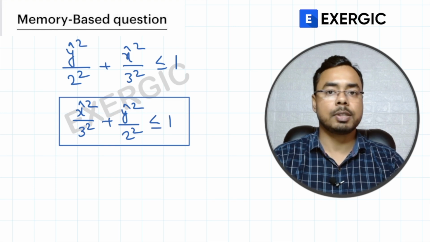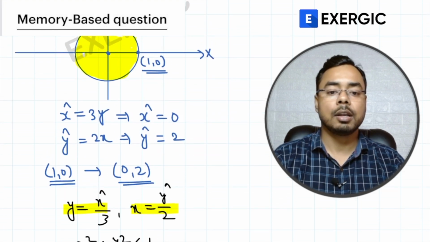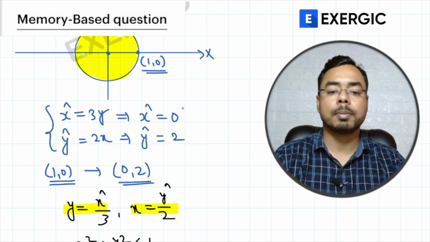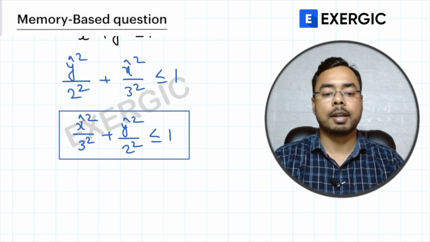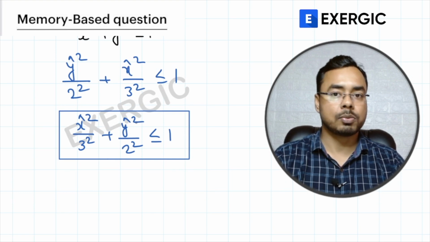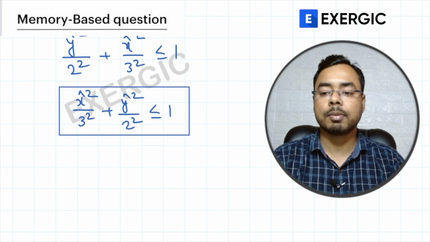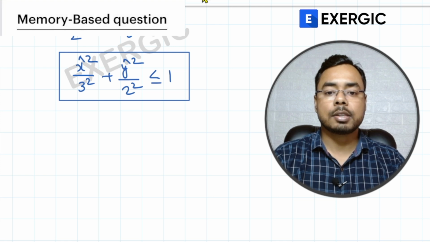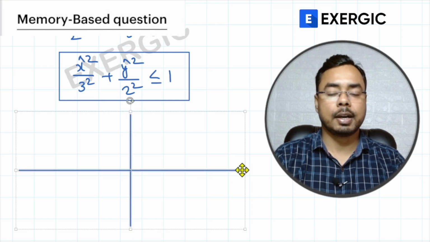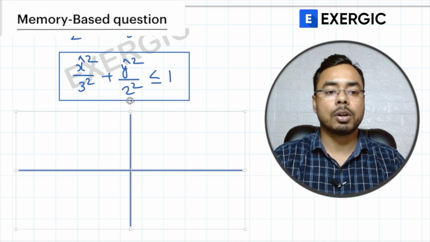If all the points which were inside this circle or on this circle move under this transformation, then we'll get a curve which will follow this inequality, x cap square by 3 square plus y cap square by 2 square less than or equal to 1. Now if you notice here, this is nothing but the collection of all those points which are either inside the ellipse or on the ellipse.